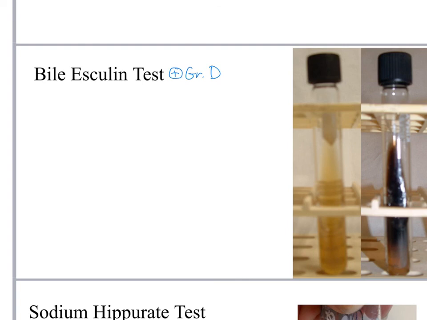This is a slant. Esculin is actually a polysaccharide. And some organisms, only a few of our streps, can break down esculin to esculetin and glucose. So basically it just cleaves off one glucose unit and you're left with a slightly smaller molecule.